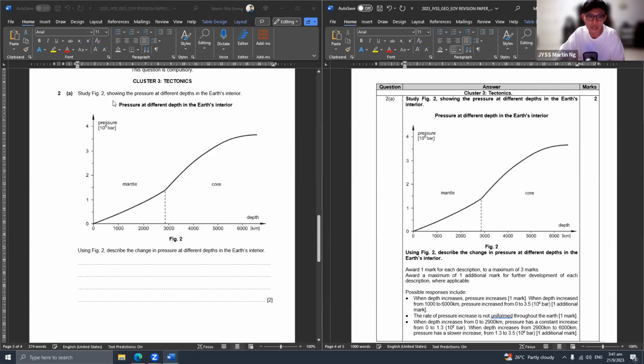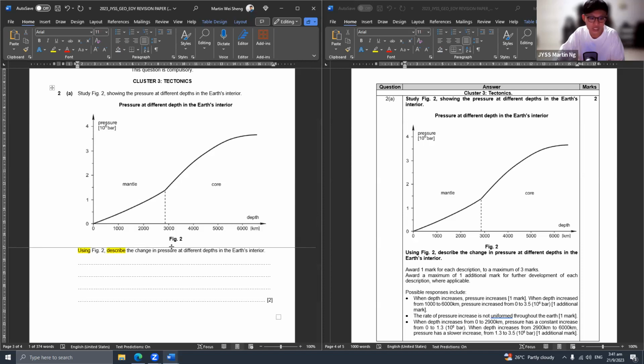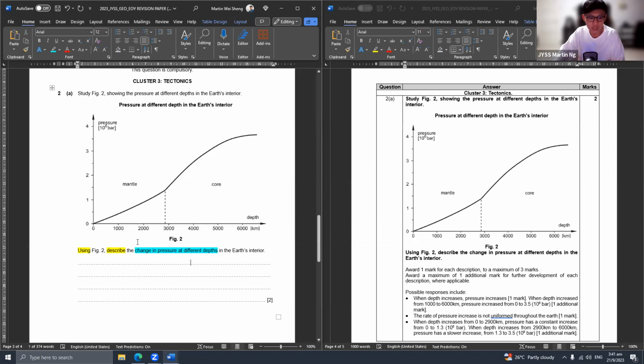Let us look at the command word. Using Figure 2 means that you have to use the values in the figure. Describe the change in pressure at different depths, so you have to say how the pressure changes as the depth increases.